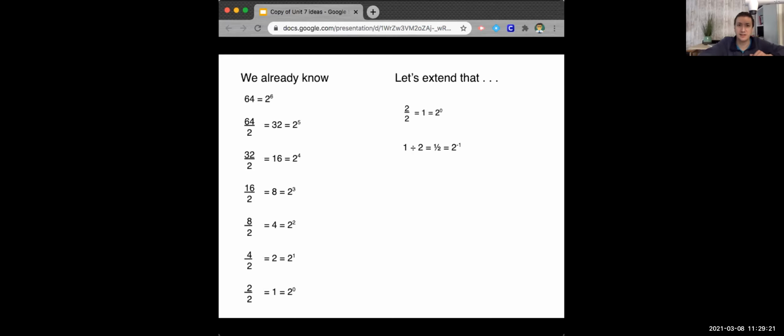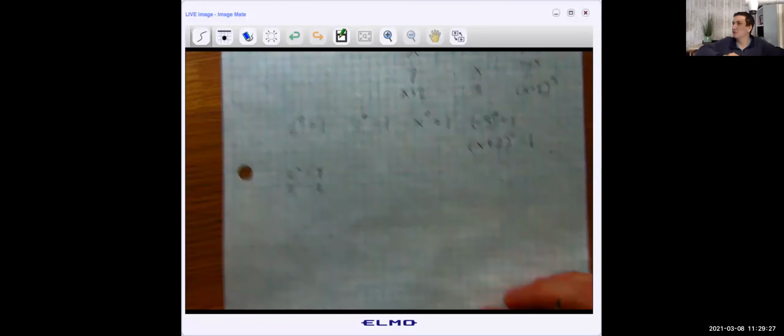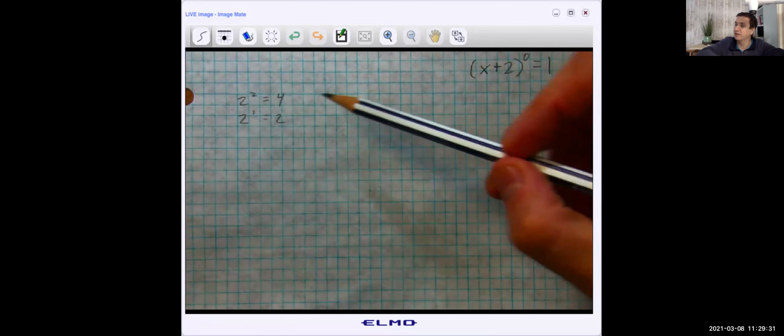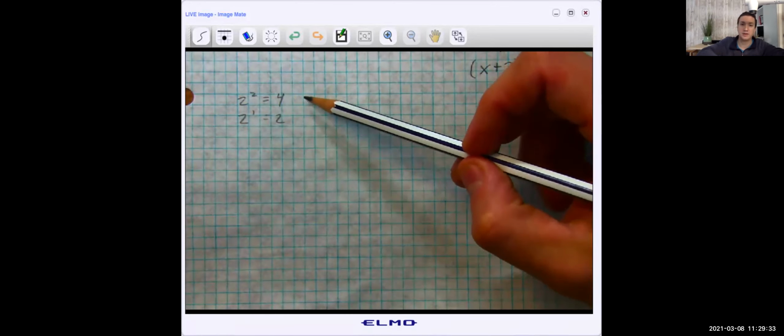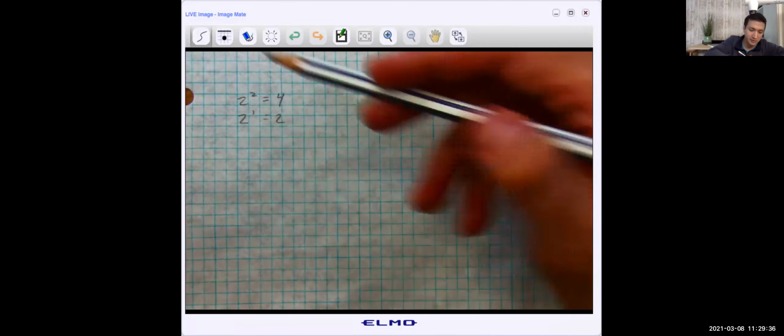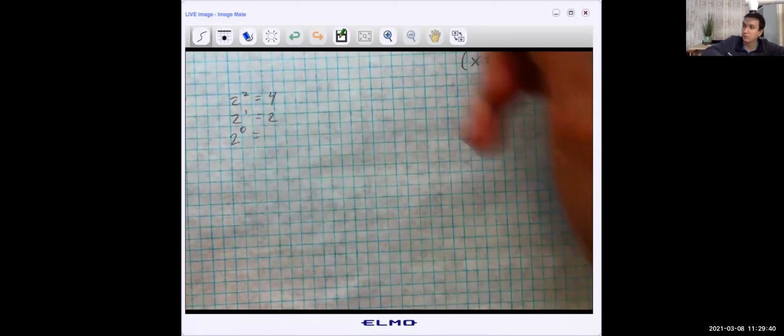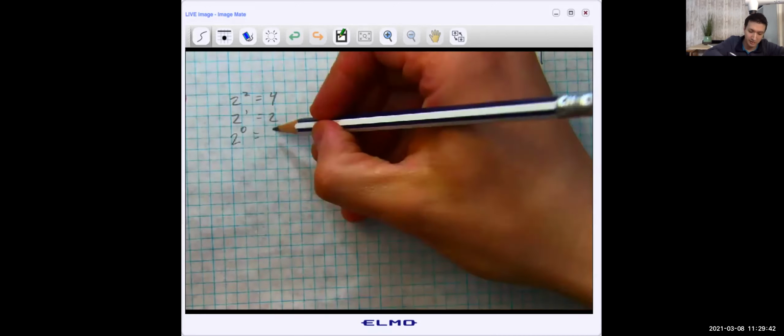So let's add those ideas to our notes. I'm going to do my best to capture what you guys were thinking about. We have 2 to the power of 2, and I'm not doing the whole pattern on the screen, just part of it. 2 to the power of 2 is 4. 2 to the power of 1 was 2. And then if we go 2 to the power of 0, we divide by 2, right? So we get 1.